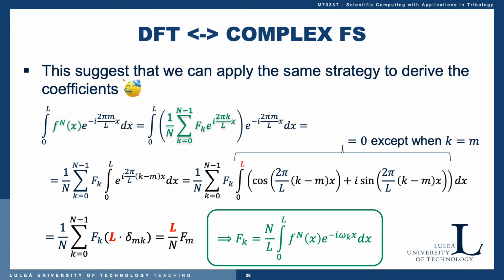So we integrate not from 0 to 2 pi, but from 0 to L. But all in all, we can easily derive the coefficients, which are now called F_k, for this discrete Fourier transform.